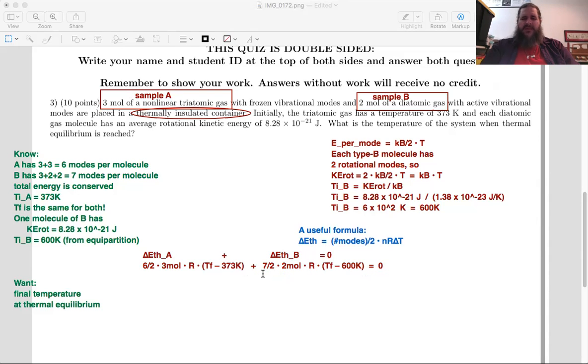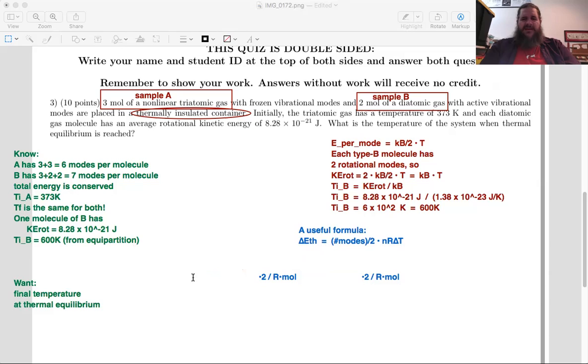So let's try multiplying both sides by 2, as well as dividing by R times moles. That way, when we multiply, again, that distributes to both of these terms. So the times 2 cancels out this divided by 2, and also this divided by 2. And on the right side, 0 times 2 divided by R moles is still just 0.